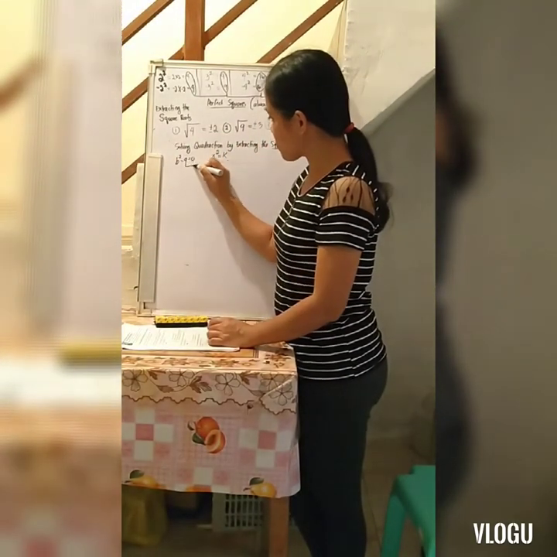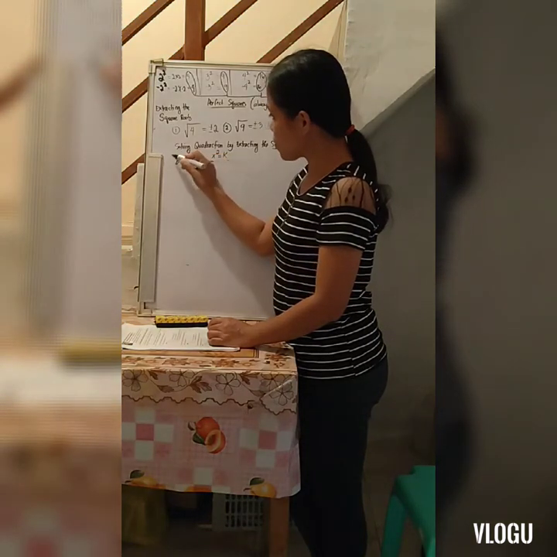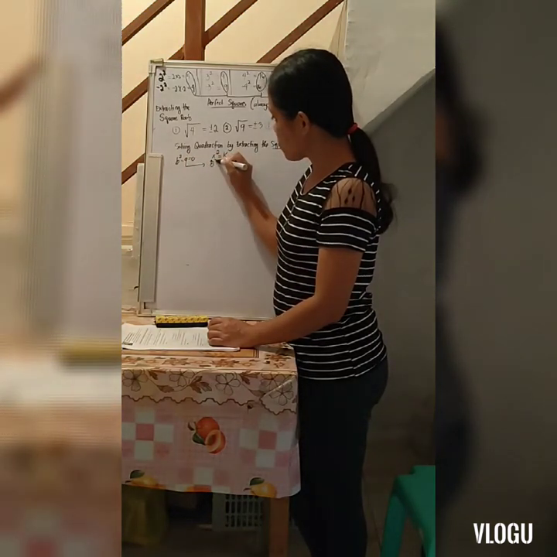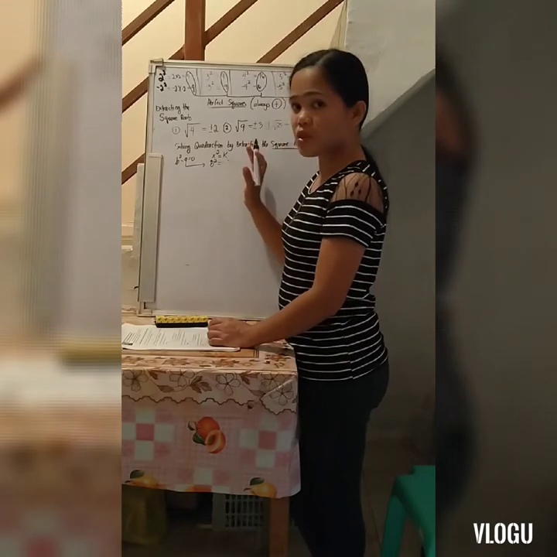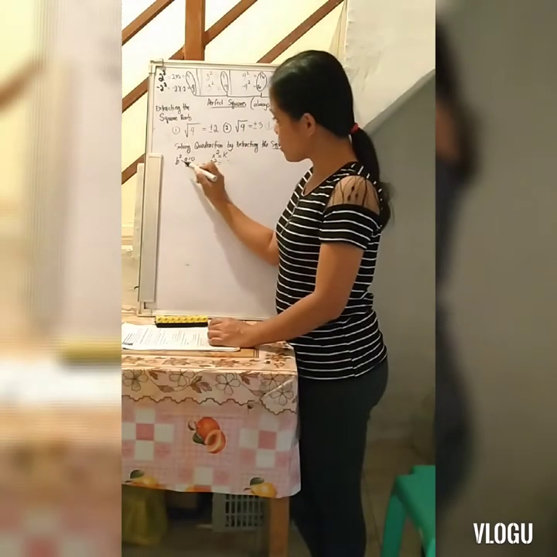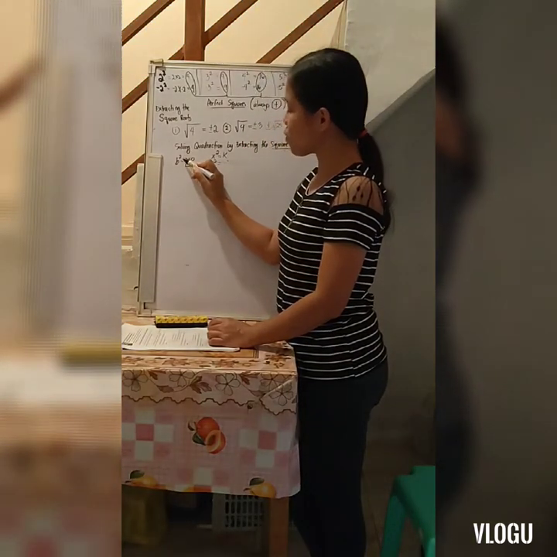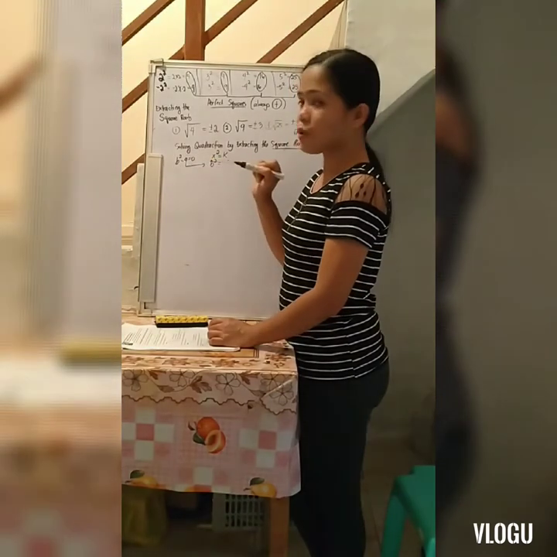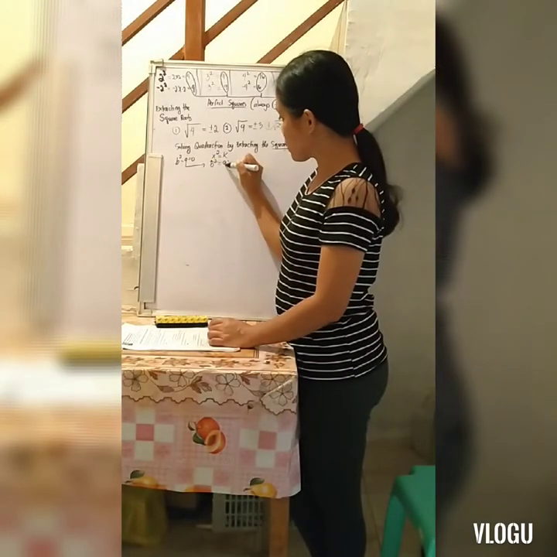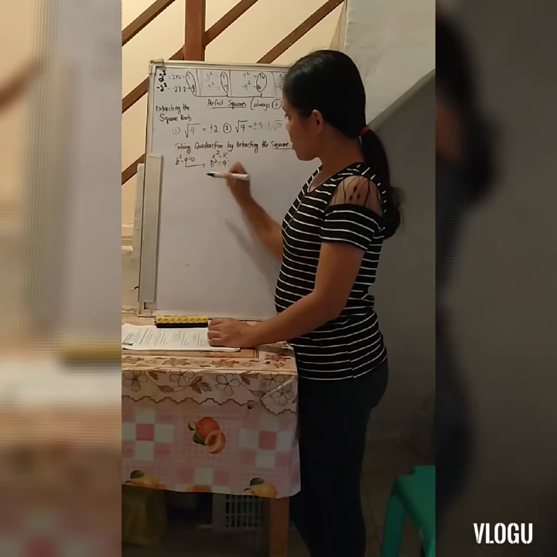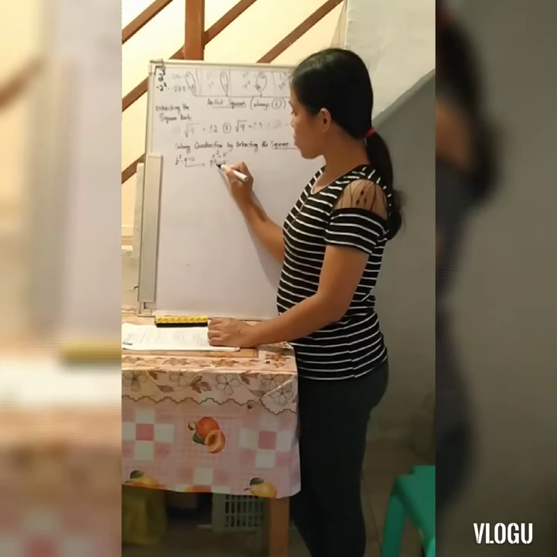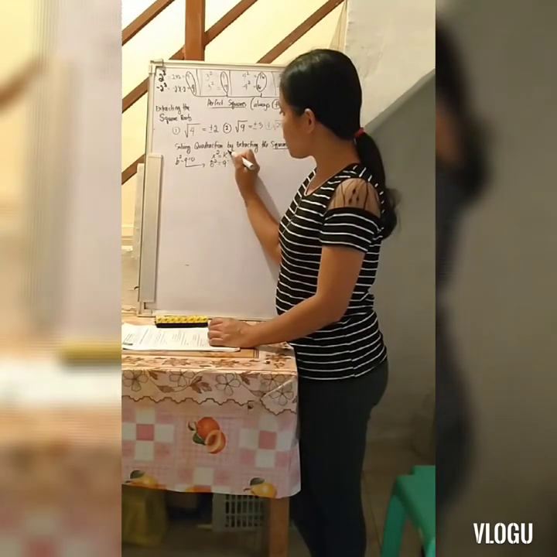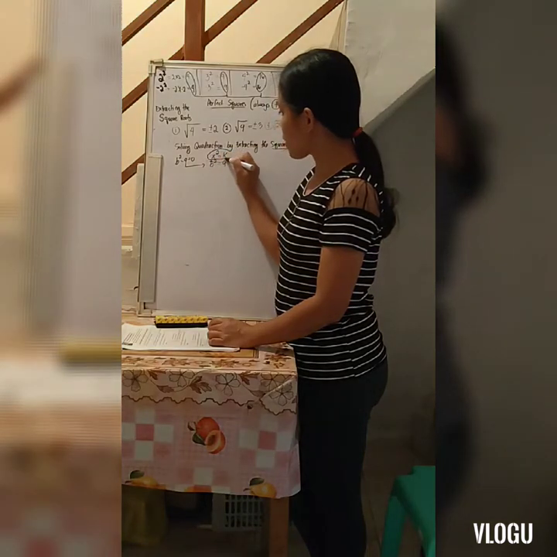So let us try. So quadratic term is b squared equals, so your constant must be written on the right. Now this is negative 9, so once transferred to the right, it will become positive 9. So we now have b squared equals 9.